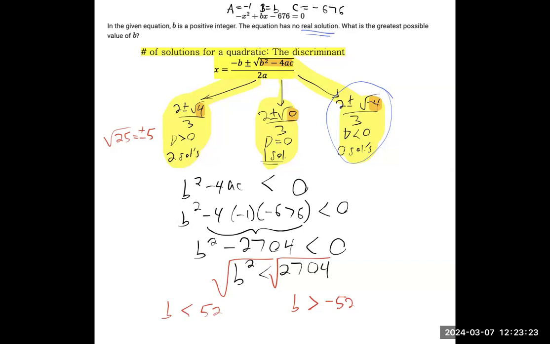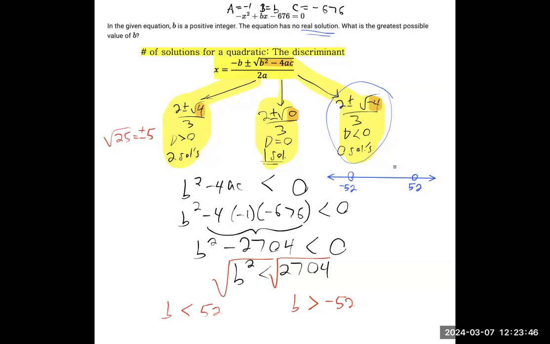Now let's imagine that on the number line, we've got 52 and -52. And we know that our number needs to be less than the positive 52, greater than the -52.